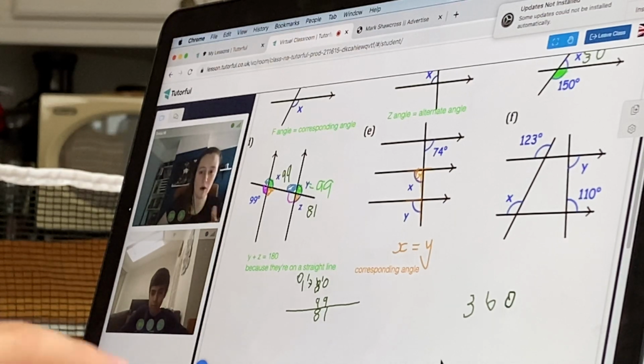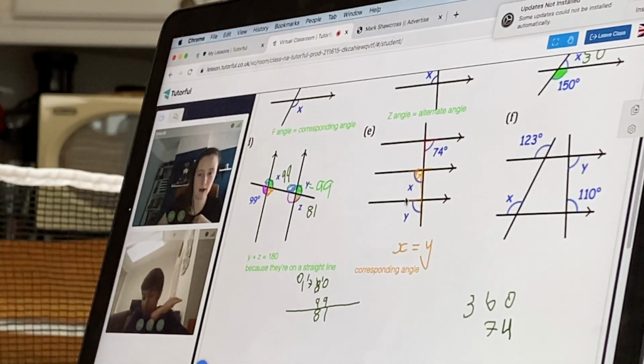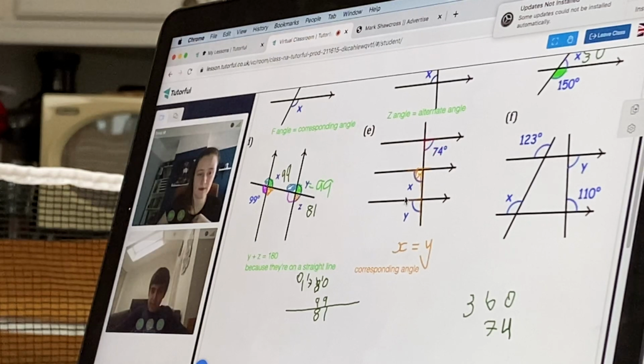So 74 is underneath this parallel line and on the right-hand side of this line. So which other angles does 74 correspond to on the F angle? It must also correspond to this angle, mustn't it?